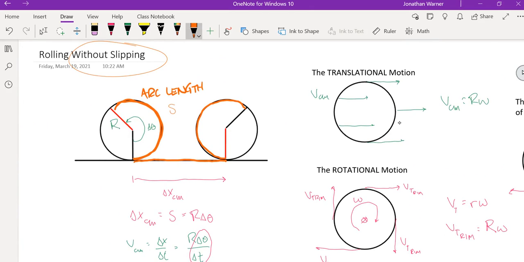So this, by definition, means V of the point of contact, relative to the floor, is 0. Ding, ding, ding. That's what it means to roll without slipping, that the place in contact with the floor isn't moving relative to the floor. And why is that?